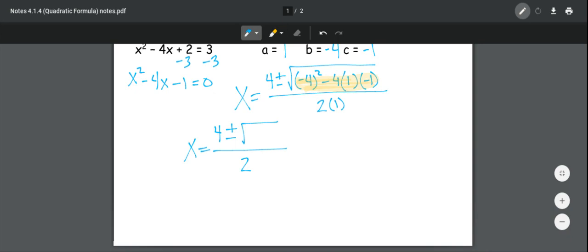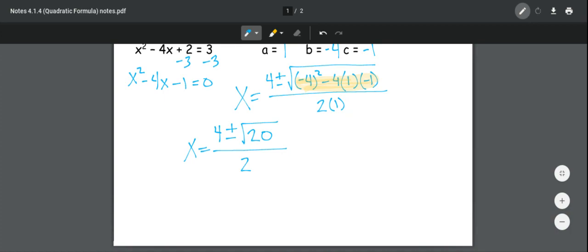So negative 4 squared, make sure you put the negative 4 in parentheses, because if you just do negative 4 squared, you're going to get negative 16, which is wrong. It should be positive 16. And then minus 4 times 1 times negative 1. So you should get square root of 20.